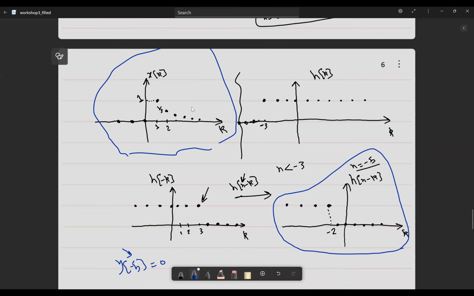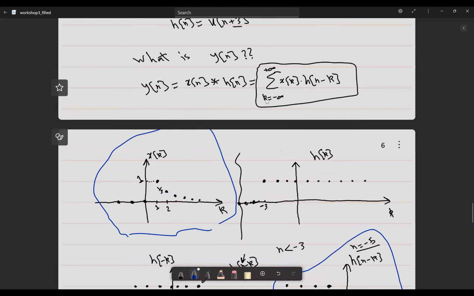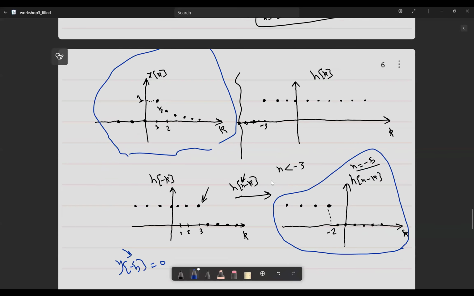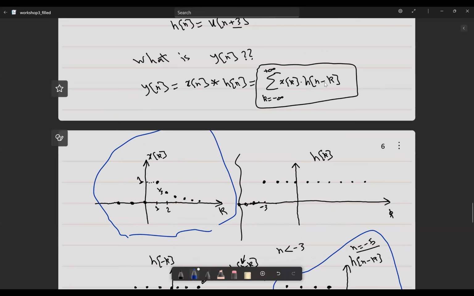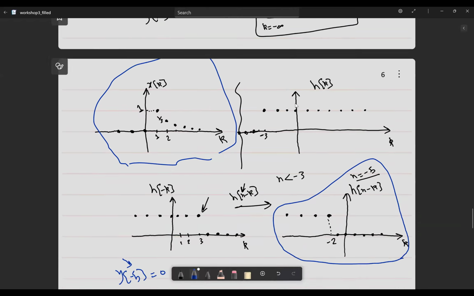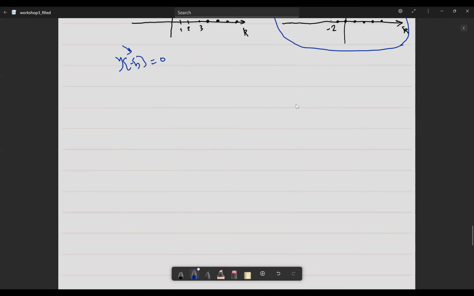This is just to have some intuition, but we need to do it without the figures. So, let me write it here again. y[n] equals summation from minus infinity to plus infinity of x[k] h[n minus k].